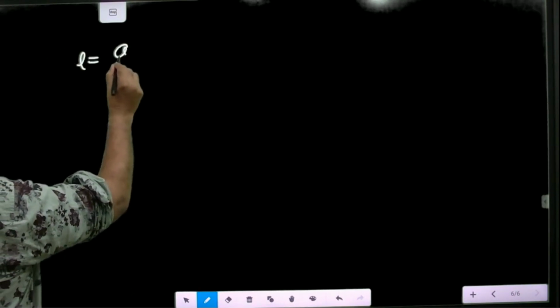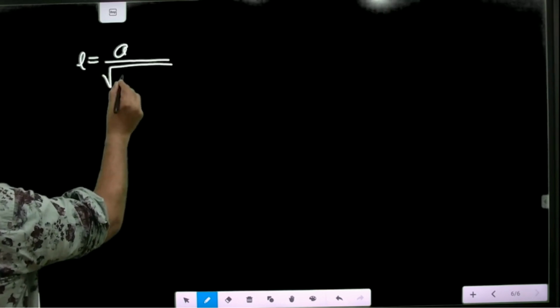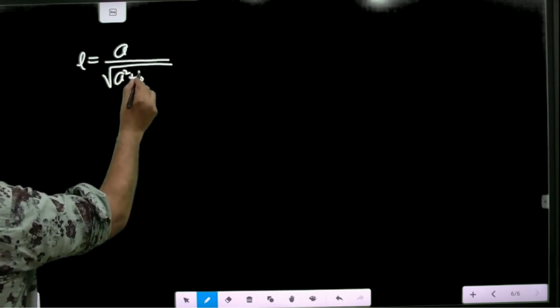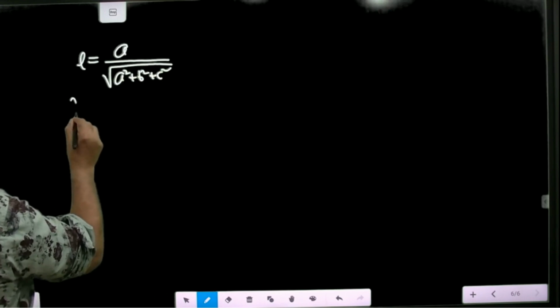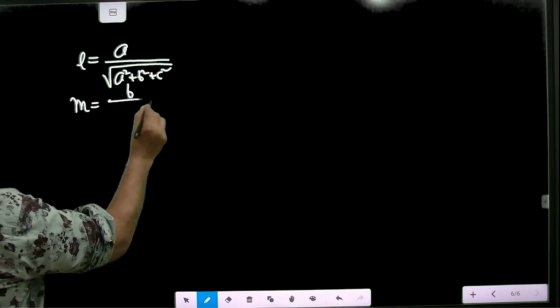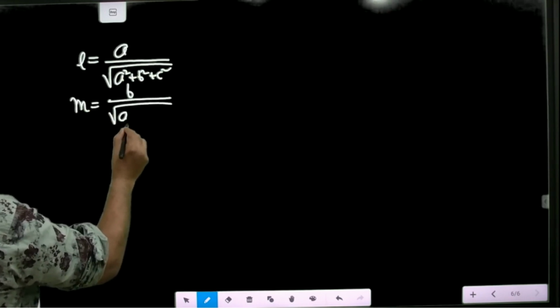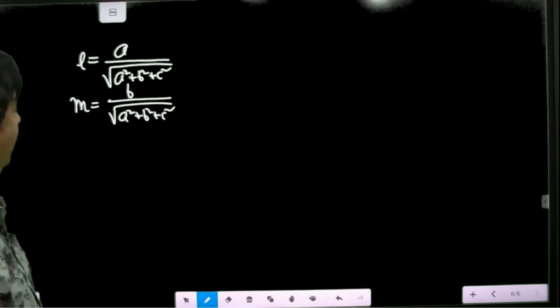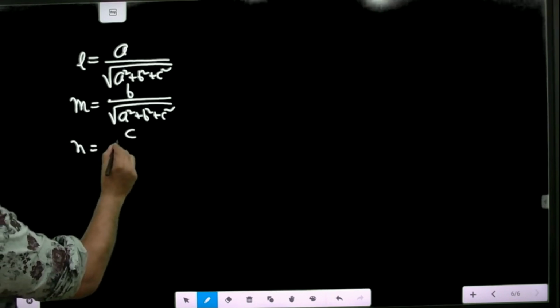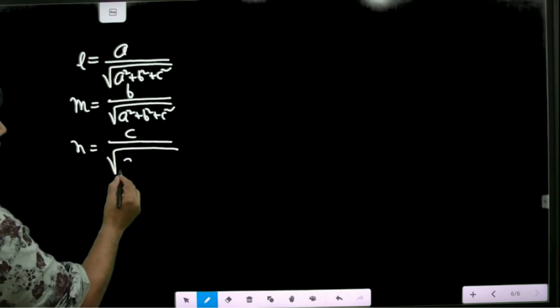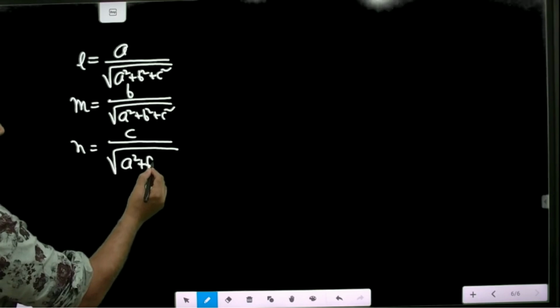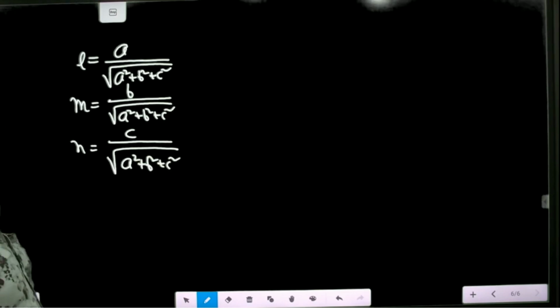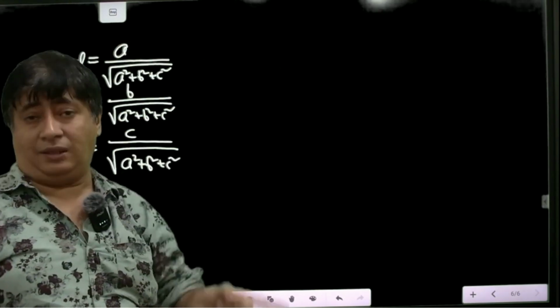See, we have got L equals A over root of A square plus B square plus C square, M equals B over root of A square plus B square plus C square, and N equals C over root of A square plus B square plus C square. These are direction cosines.